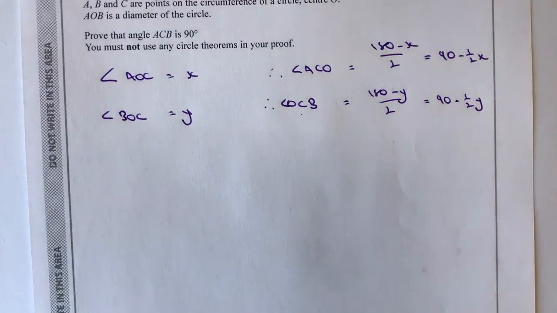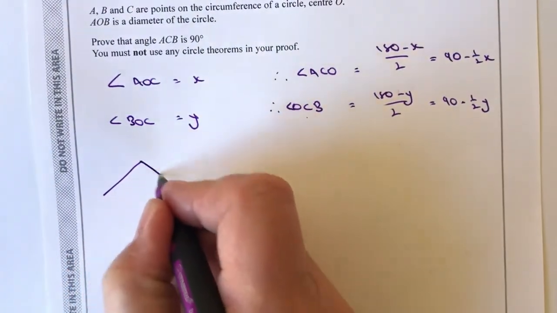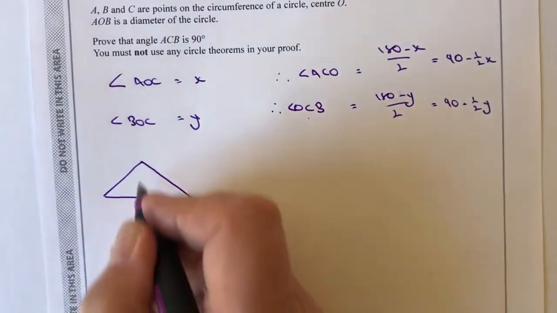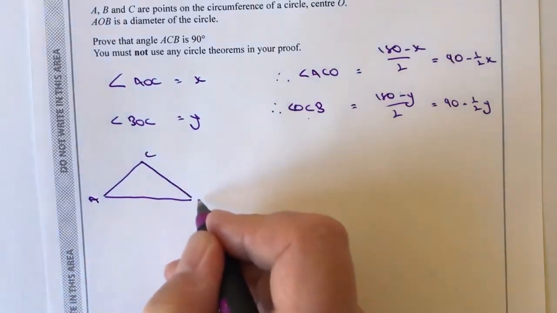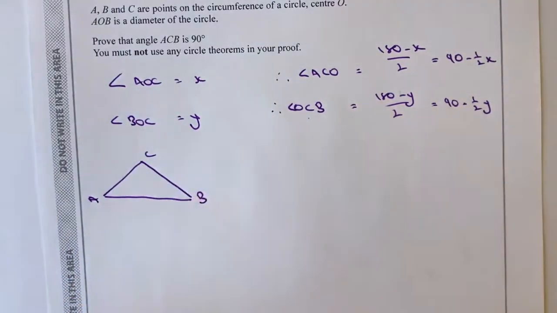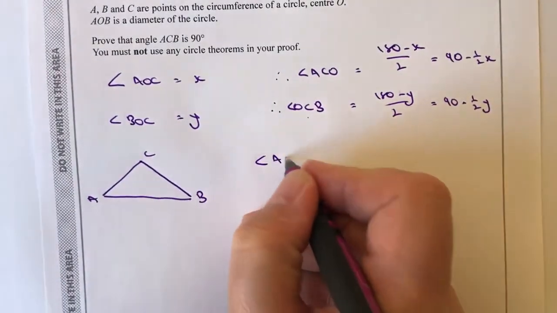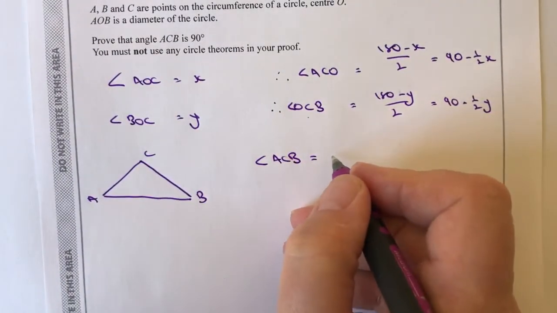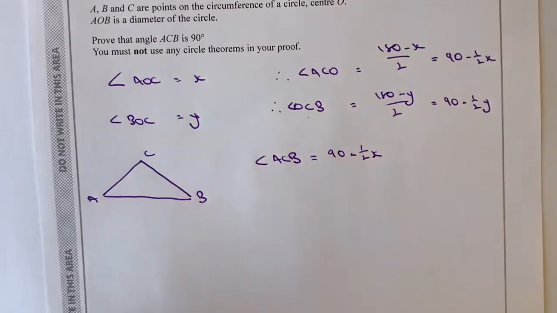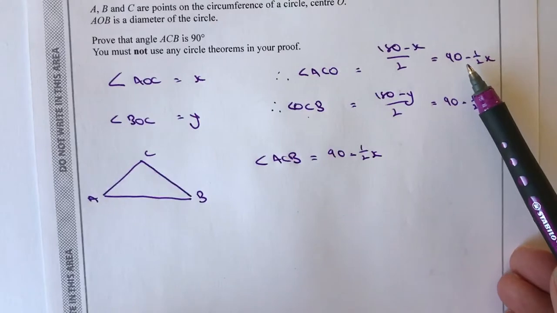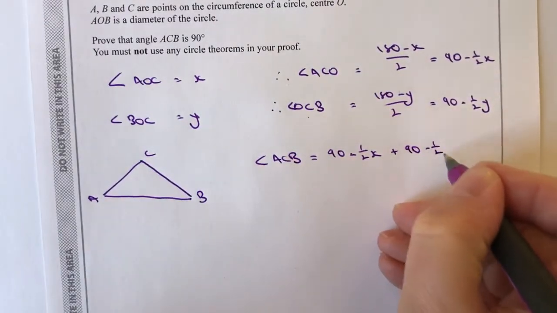So let's look now at triangle ACB. Let's draw that. This is the big triangle, and we're trying to prove that this is 90 degrees, that's ACB. Remember, this top is made up of two angles, so angle ACB is going to equal 90 minus a half x, which is this first value here, plus 90 minus a half of y.